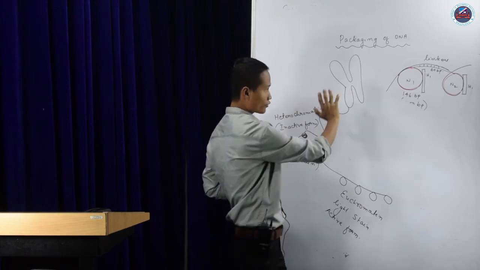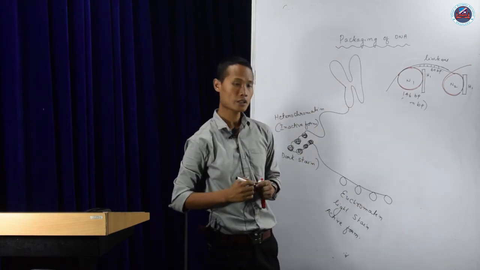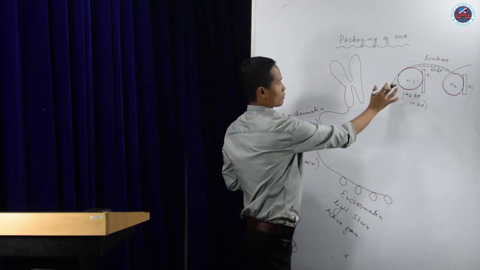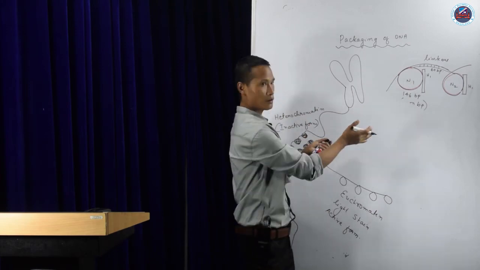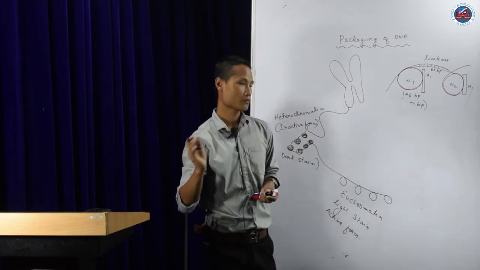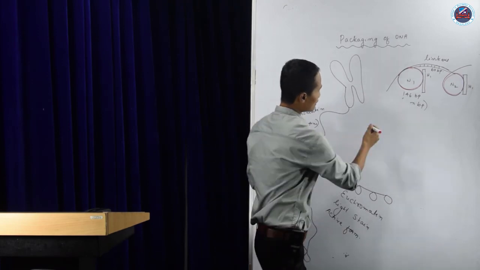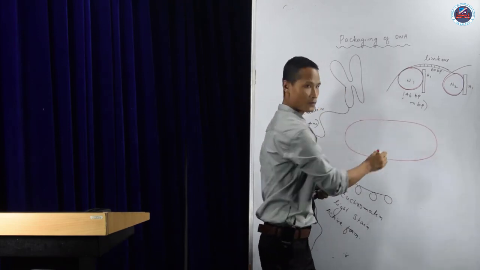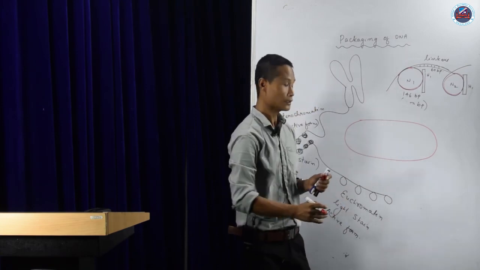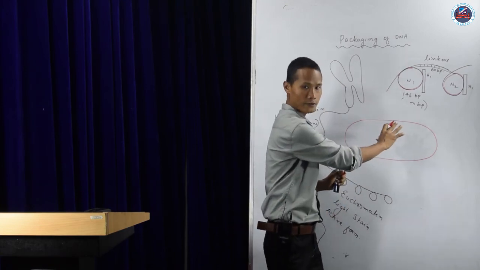It is the case of eukaryotes. You will not find nucleosomes or histone molecules in prokaryotes. Just say that this is an E. coli cell. It doesn't have any nucleus, no well-defined nucleus.